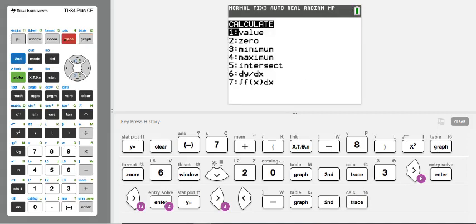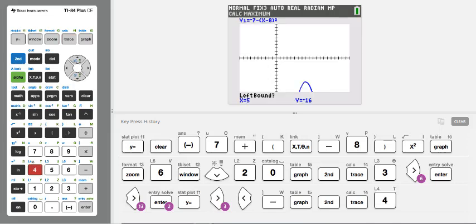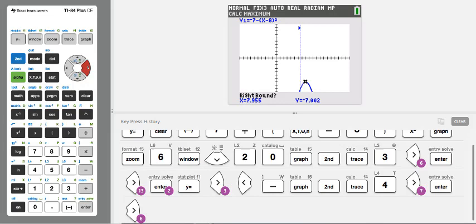Second trace, that's a maximum. So I want to look at my cursor. I'll make sure that it's going up so I can see. There we go. So hit enter. And I'm just going over to the other side. No particular place on the side. I just can't be on the top, right?